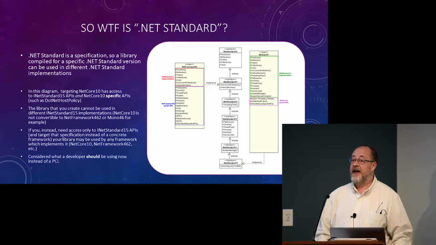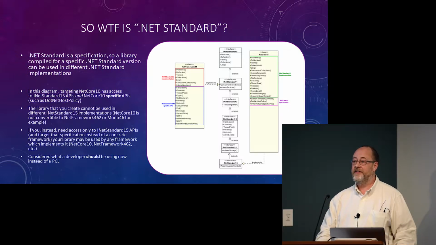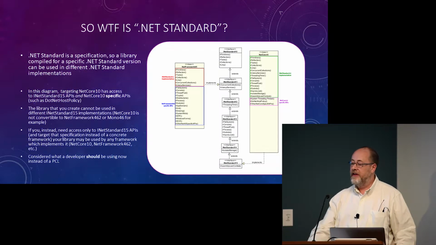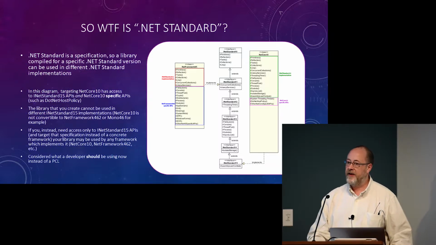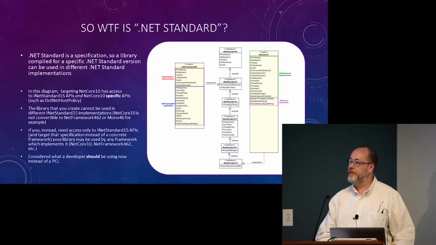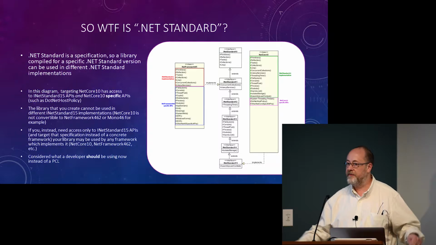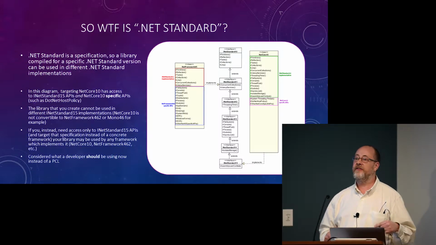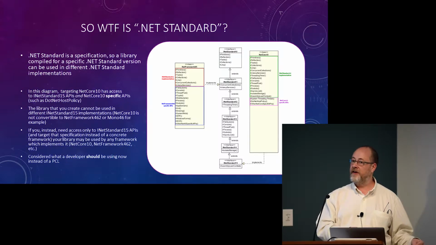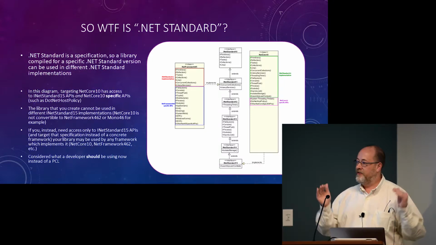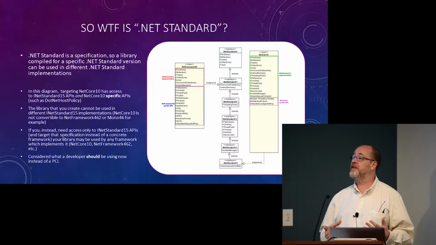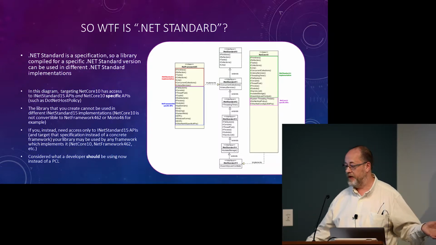So the idea is that if I write something to .NET Standard, and that's my class that I'm creating, as long as I stick to things that are in that spec, they're going to be supported and compilable regardless of which version of the .NET framework I choose to go, which is why it sort of makes sense as a replacement for that whole PCL idea. So it's meant to be just a spec, not a framework, but that is where you write the code that you expect to be reusable and cross-platform against different versions of the framework.